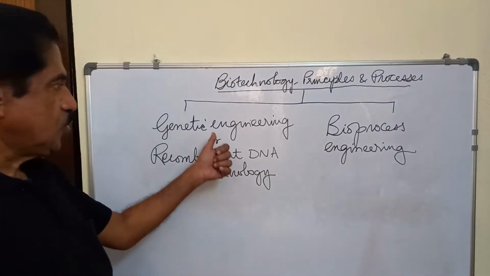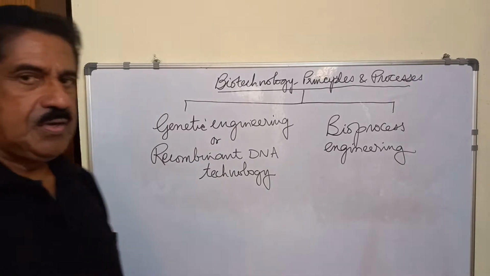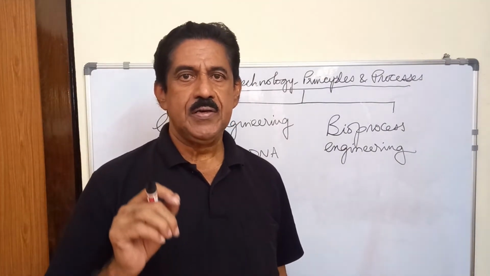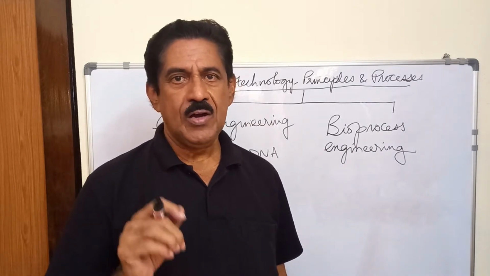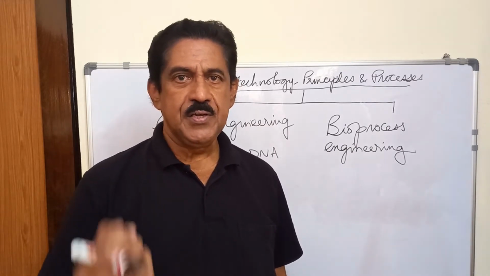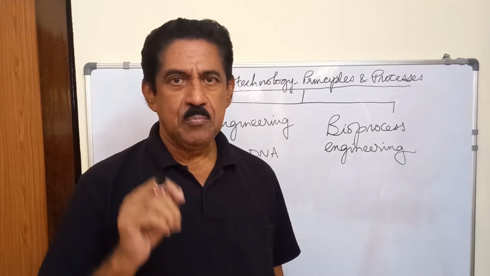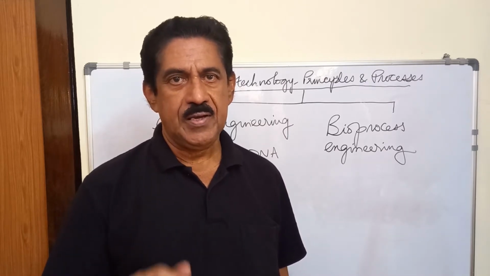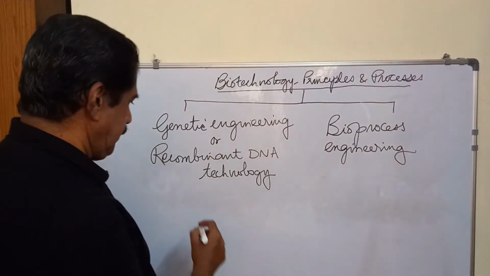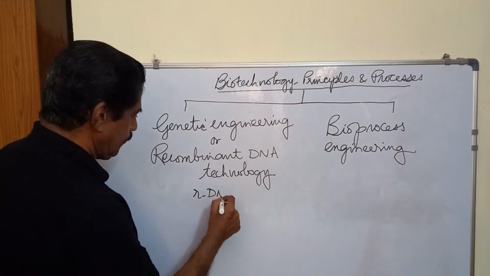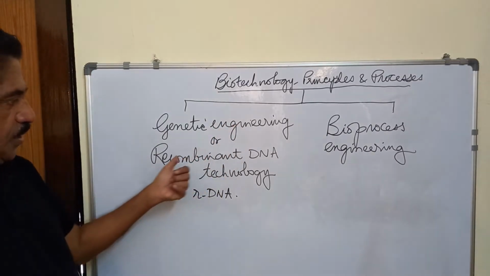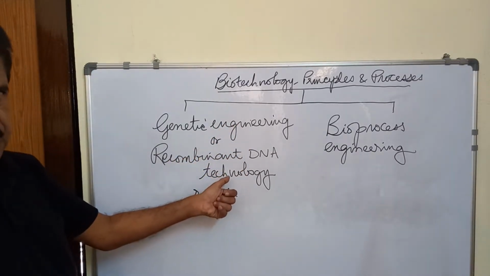See, first let us look at genetic engineering. In genetic engineering, what we do is we isolate a useful gene from one organism, insert into another organism, thereby creating a new combination of DNA called recombinant DNA, short form rDNA. That is why genetic engineering is also called recombinant DNA technology.